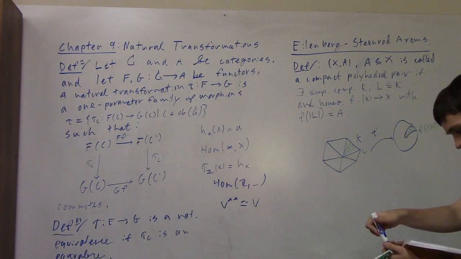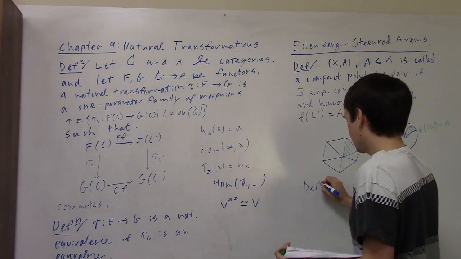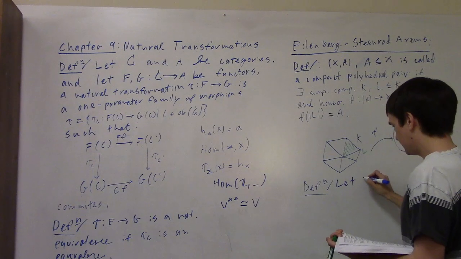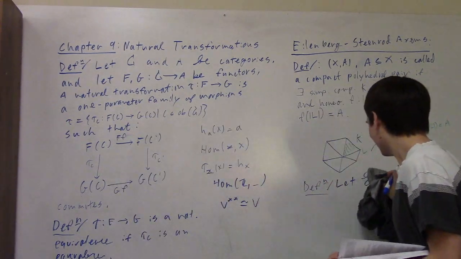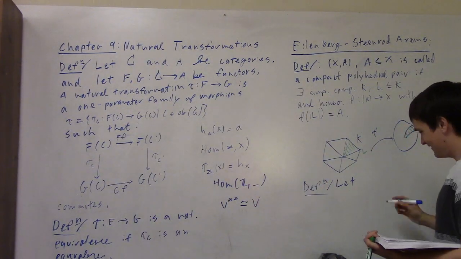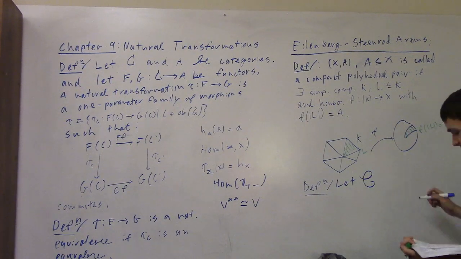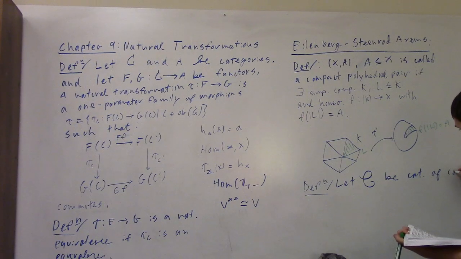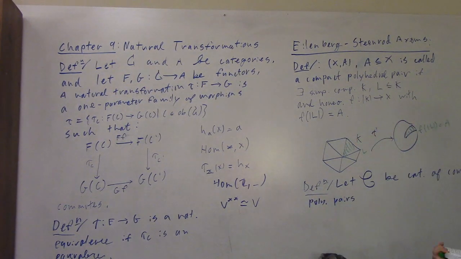So what we use this definition for: let script C be the category of compact polyhedral pairs, which they do not define.